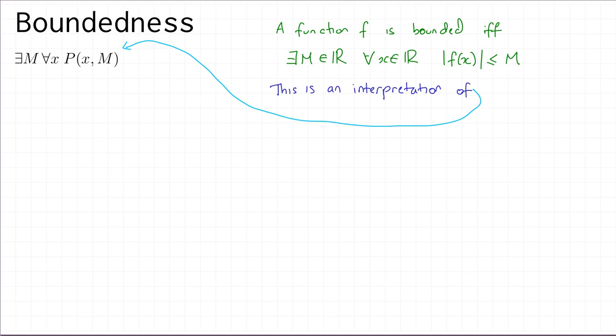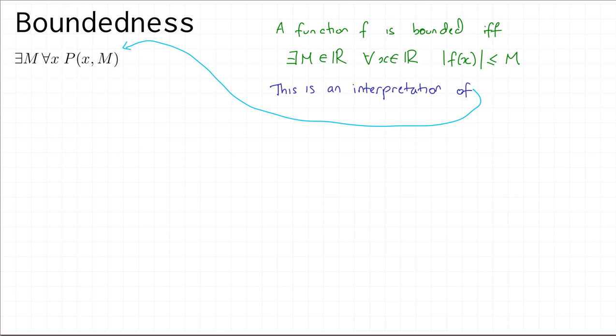So if you interpret that formula by saying the domain is the real numbers and the relation p of x m is absolute value of f of x less than or equal to m, then you get the definition of boundedness. So if we want to know what it means for a function not to be bounded, we can look at the negation of this first order formula. And if we subject the negation of that first order formula to the same interpretation, we'll get the definition of a function not being bounded.